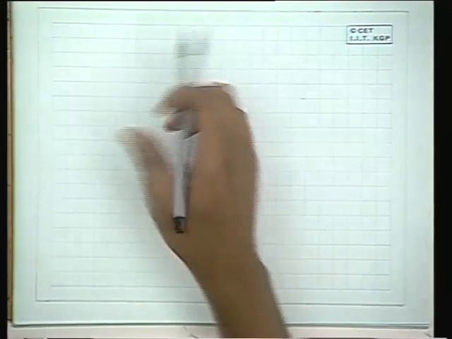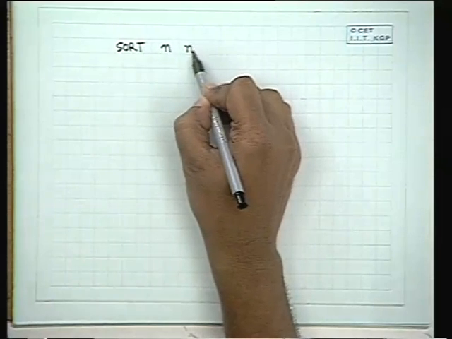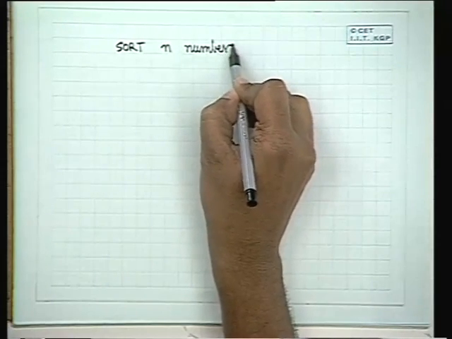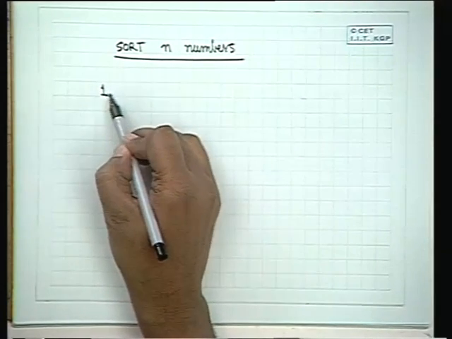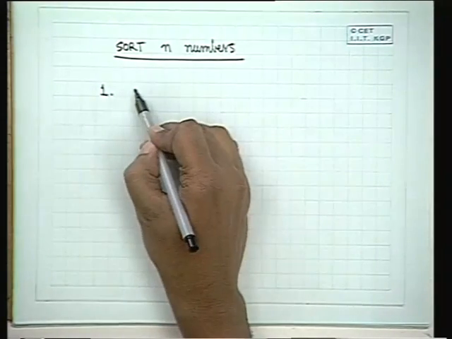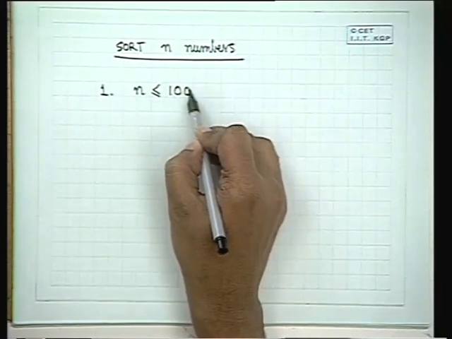Now we will come to another question. Suppose I give you a problem in which I tell you you have to sort n numbers. And the first thing I tell you is that n is less than equal to 100.